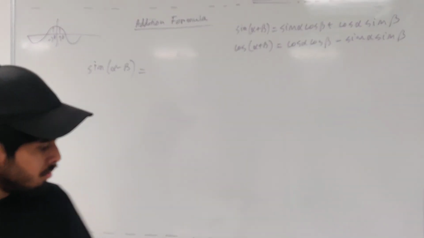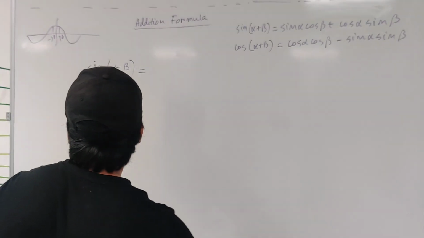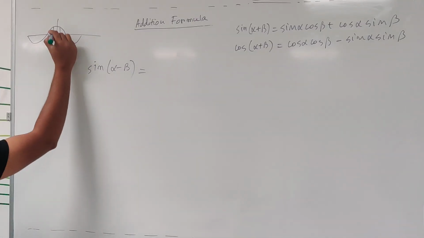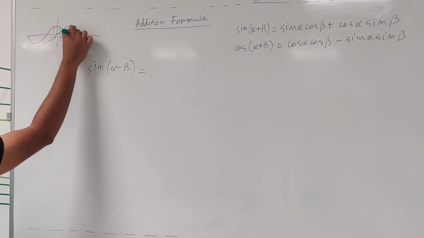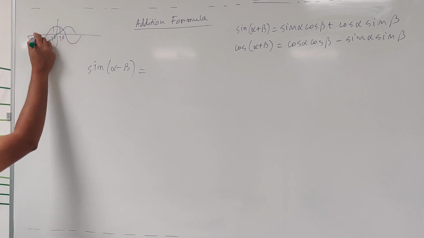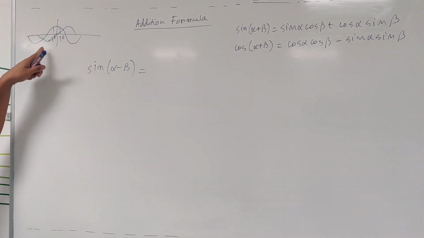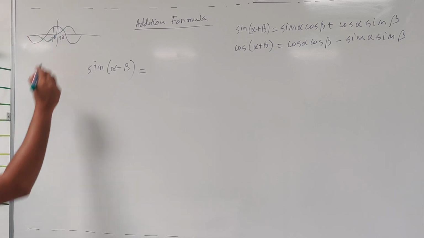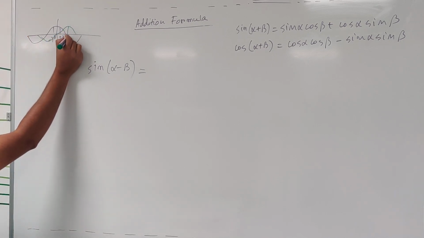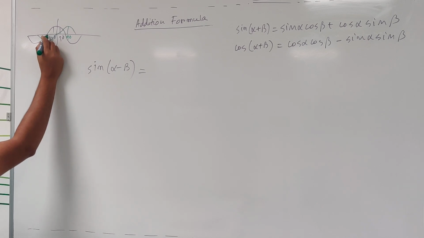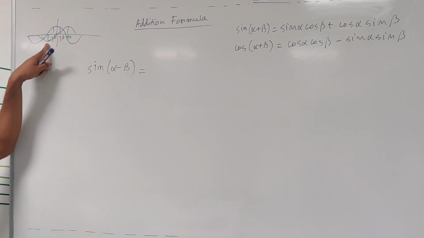But how about sine? What is sine minus beta? If you remember the plot of sine, it looked like something like this. This is called an odd function, where plus 90 you get 1, but minus 90 you get minus 1.